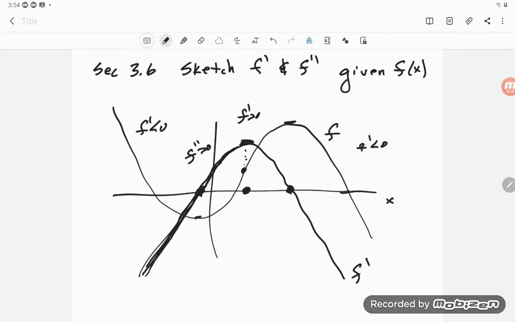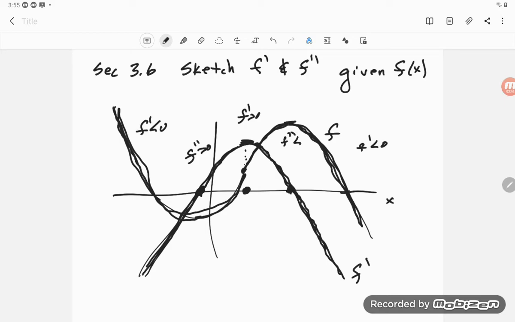Or another way to look at it is the original function is concave up in there, so f double prime is positive. And then similarly, the derivative function is decreasing, so its slope is negative. So the slope of f prime is f double prime, and so that'll be negative. Or another way to see it is the function itself is concave down, and so I know that f double prime is less than 0 in that area.